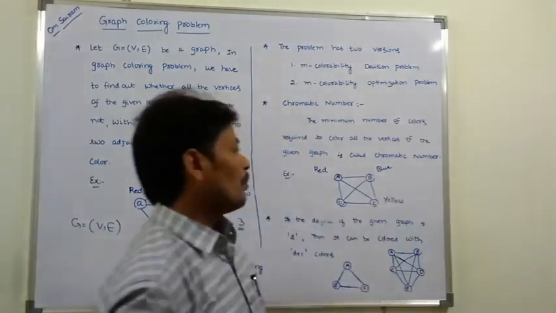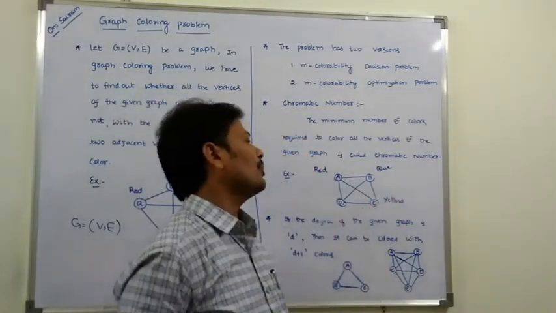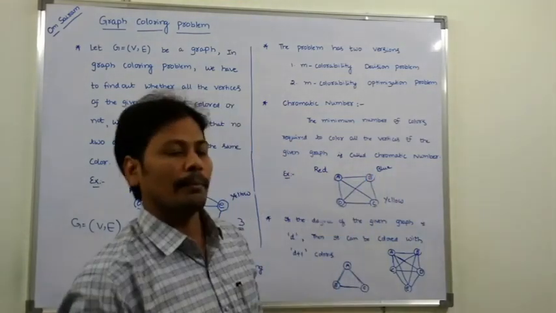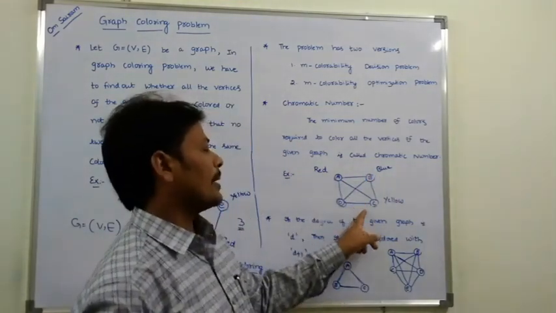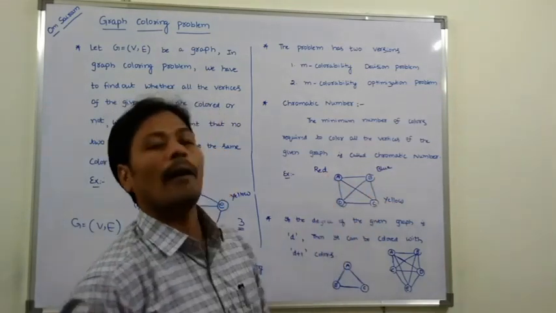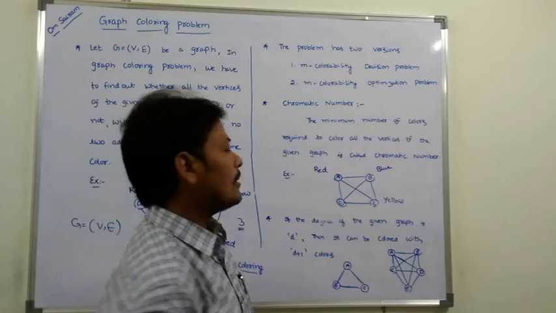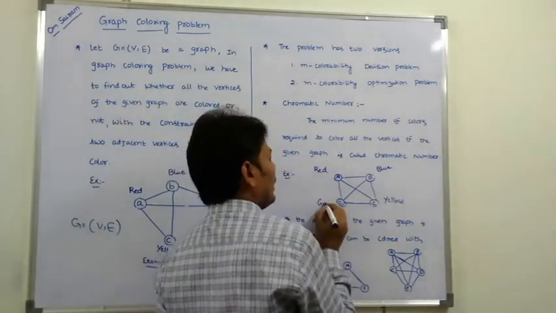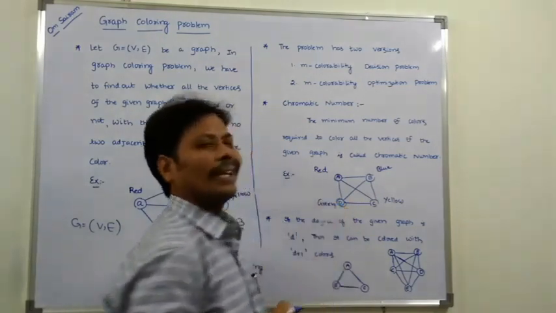The same yellow color cannot be used for vertex A, vertex B and vertex D because they are adjacent to vertex C. Next, for vertex D, we use the green color.